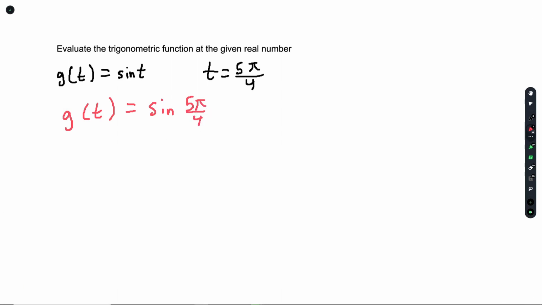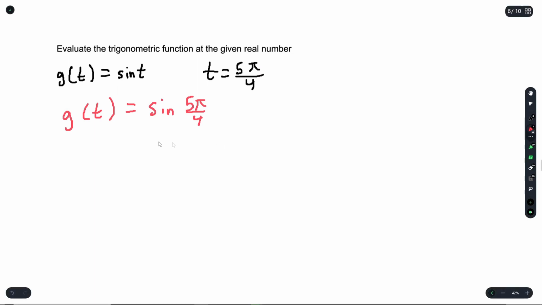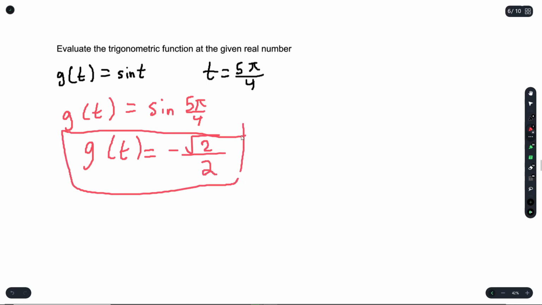Bring the calculator. Make sure it's in radian. Sine 5 pi over 4 is negative radical 2 over 2. So g of t equals negative radical 2 over 2. That's our answer.